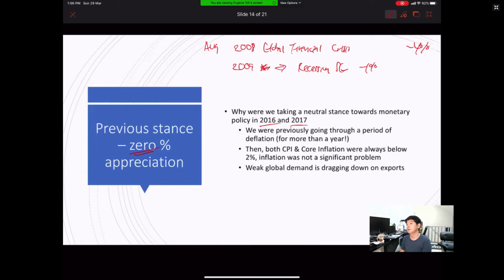Now let's think about this. Let's look at the present situation. If we were to actually allow the Sing dollar to depreciate, what is the most dangerous thing that will happen when the Sing dollar depreciates now? If your Sing dollar becomes weaker, what is the most dangerous thing that will happen now?